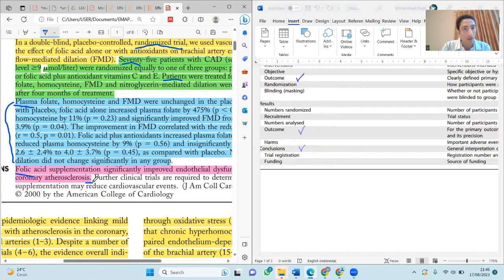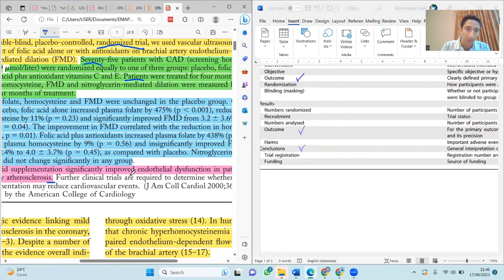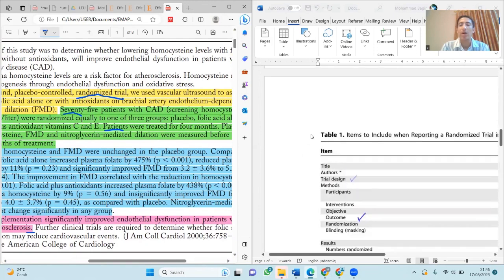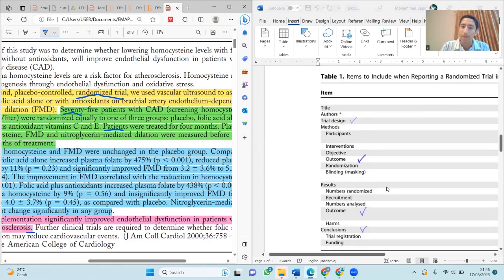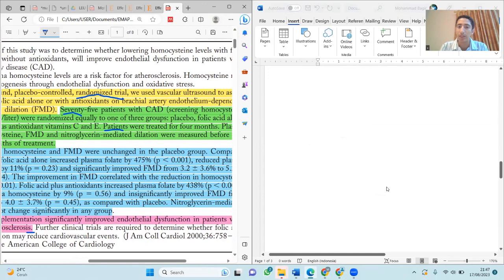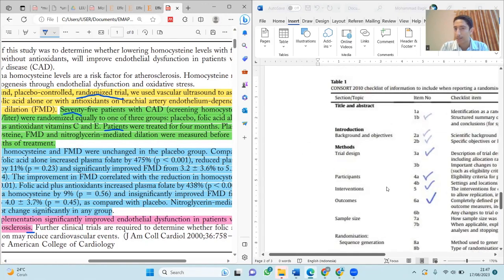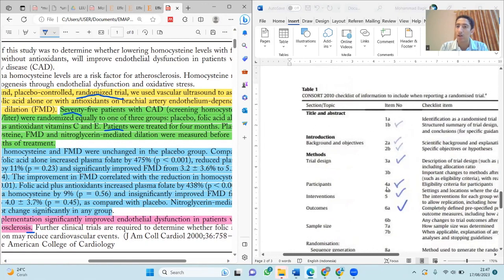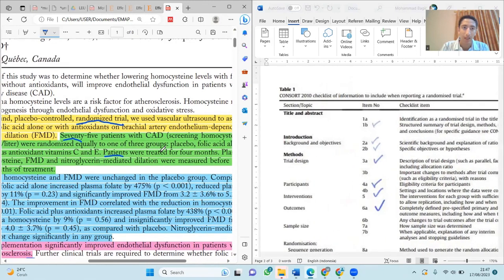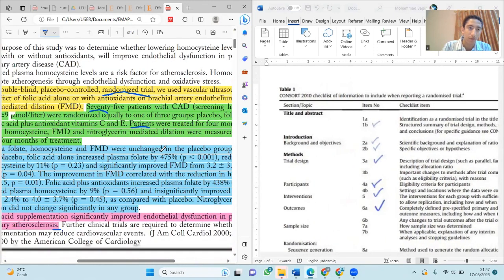So SPICE is done, and CONSORT in the abstract is done, and then we can move to the CONSORT of the full text.